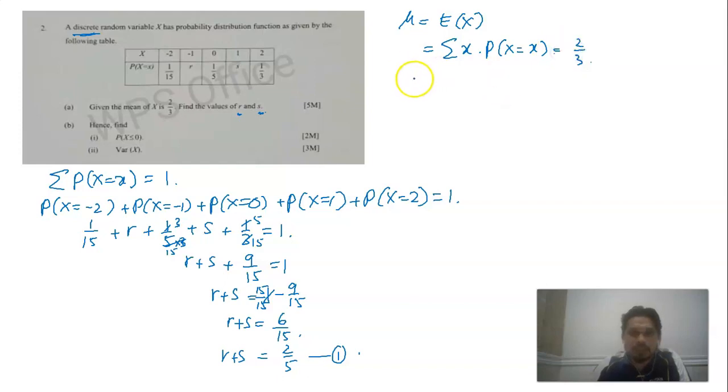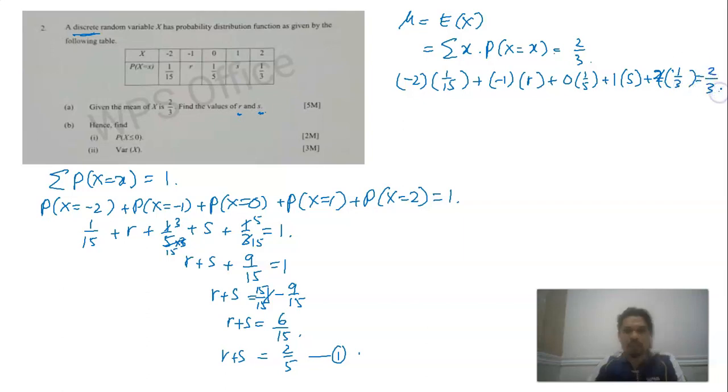So then -2 times 1 over 15 plus -1 times r plus 0 times 1 over 5 plus 1 times s plus 2 times 1 over 3 equal to 2 over 3. So r times -1, negative r.